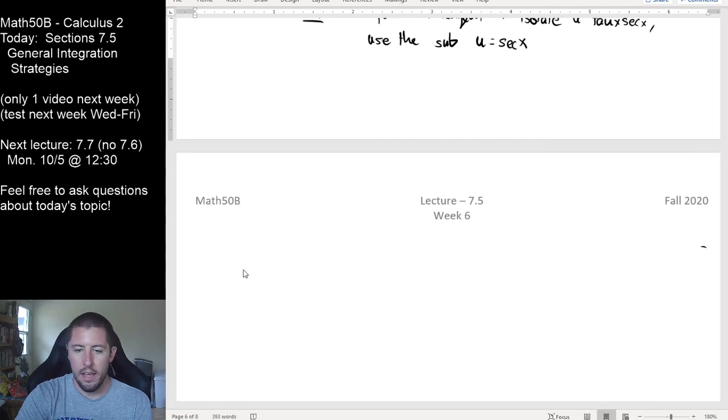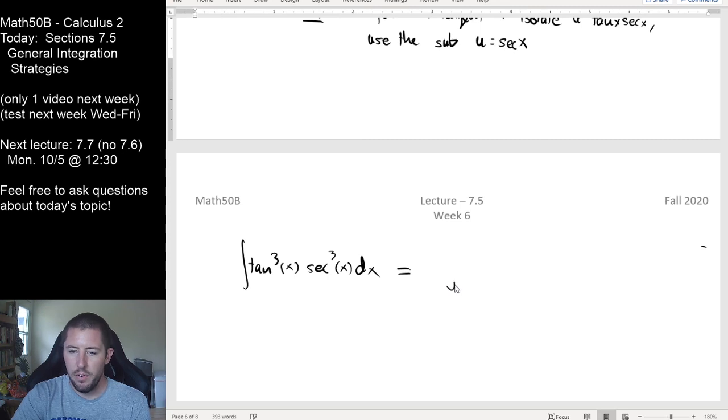So we've got the integral of tangent cubed x and secant cubed x dx. According to the advice that we got from 7.2, I want to instead think of this as tan squared x secant squared x times tan x times secant x times dx.